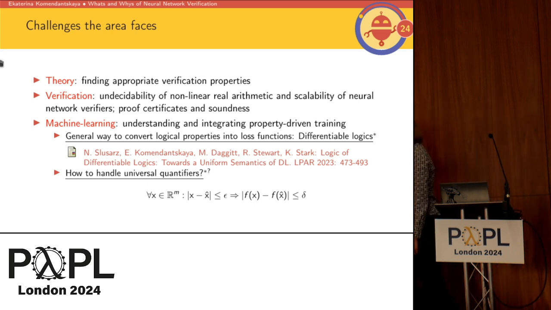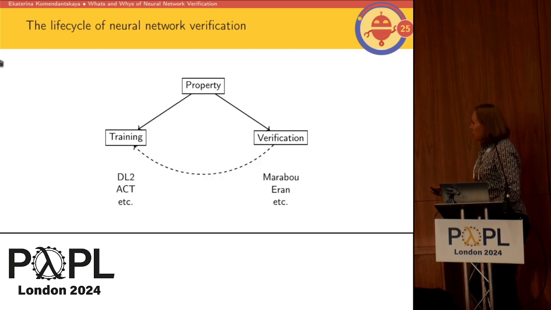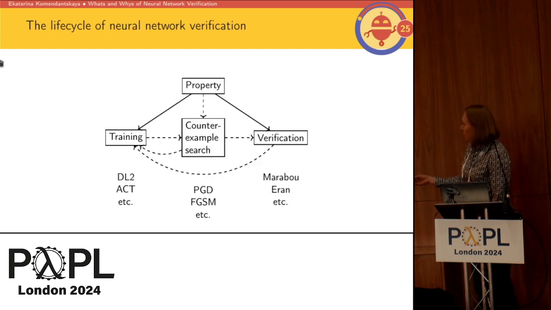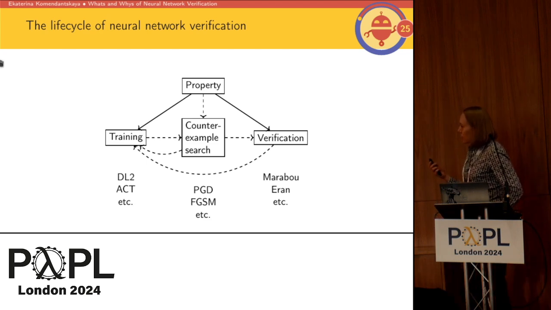So much of this is machine learning rather than declarative languages. Actually, it's not just the training, but it's the PGD and FGSM attacks known in machine learning that also need to be at work there if you want to have universal formulas as your properties.